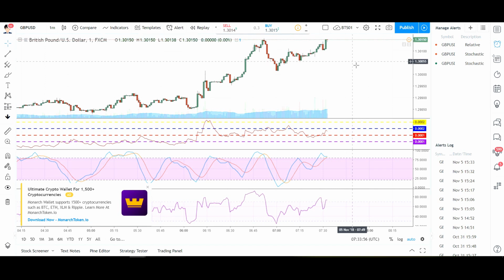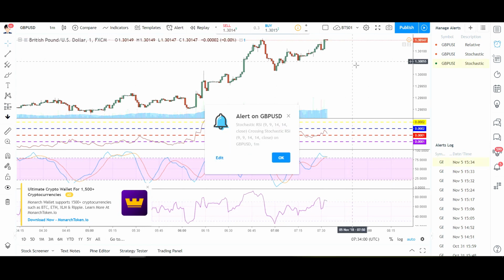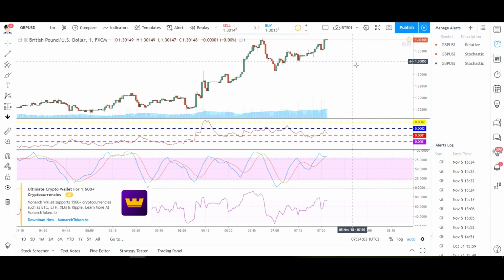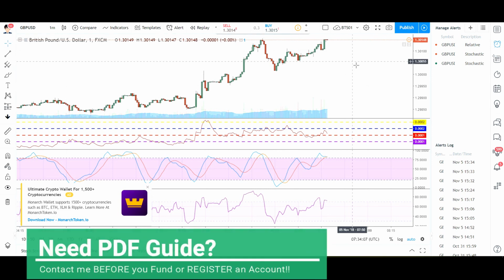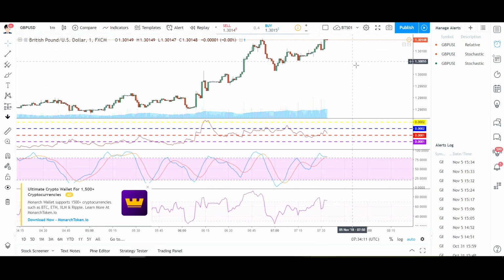The alert came out at 7:33 something, so I have to wait until 7:33 30 seconds and confirm that the lines are still touching or crossing, and then I will turn on the robot. If by then the stochastic RSI lines are no longer touching, then I do not turn on the robot.